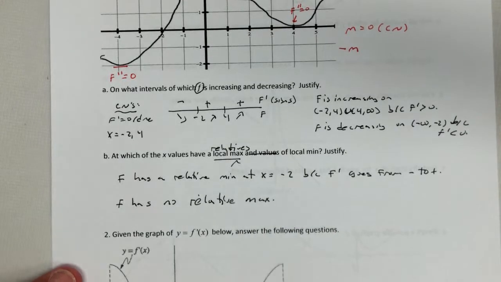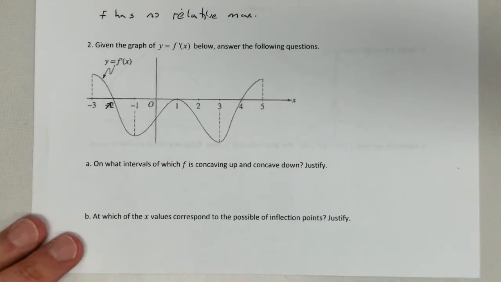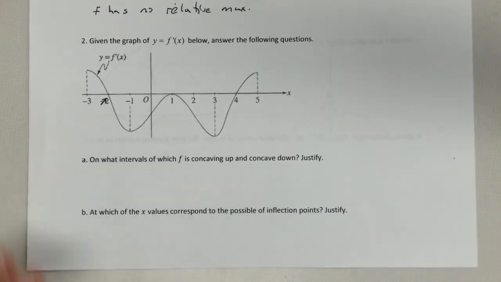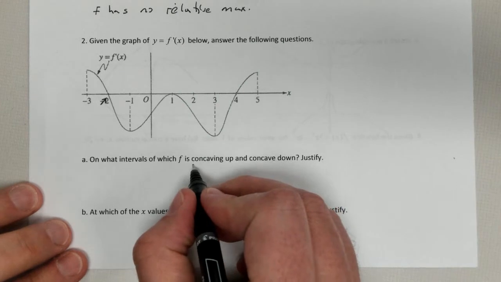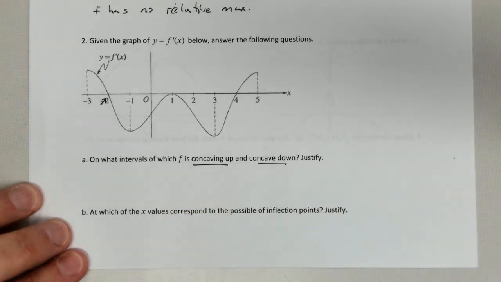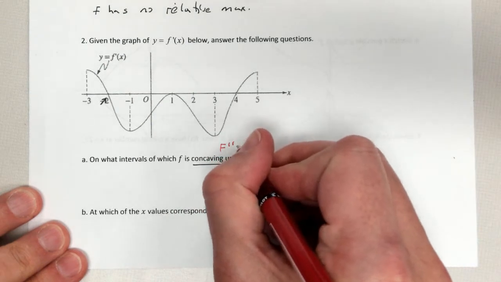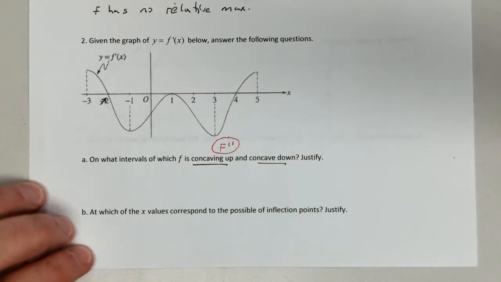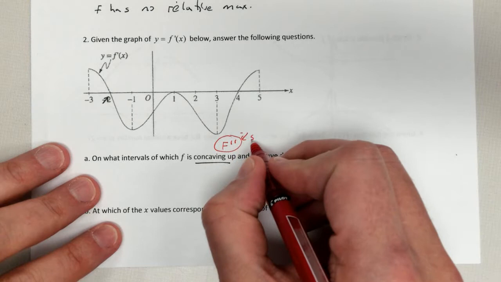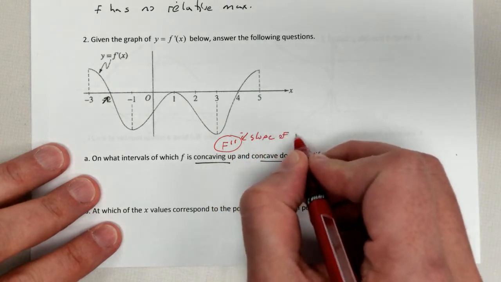Piece of cake. All right, here we go. Here we're given again the first derivative, and we want to answer the following questions. Now, if you notice the questions here, now they're talking concavity. So anytime we deal with concavity, that's our second derivative. So we're looking for the slope of the derivative graph here.